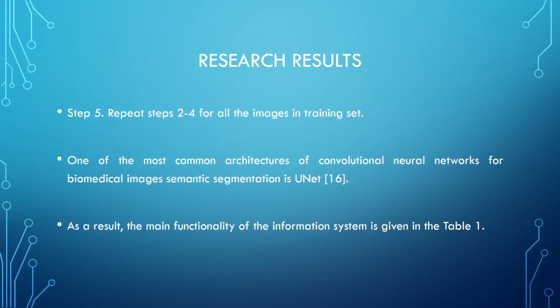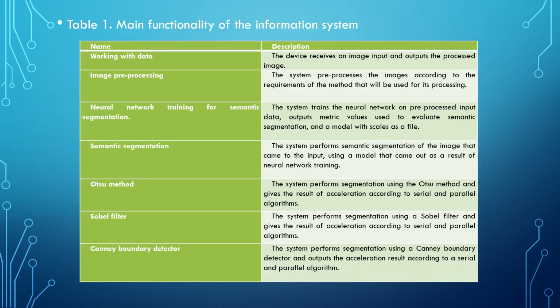As a result, there is the main functionality of the information system, such as working with the data, image processing, neural network training for semantic segmentation, and also the Otsu method, Sobel filter, and Canny boundary detector.